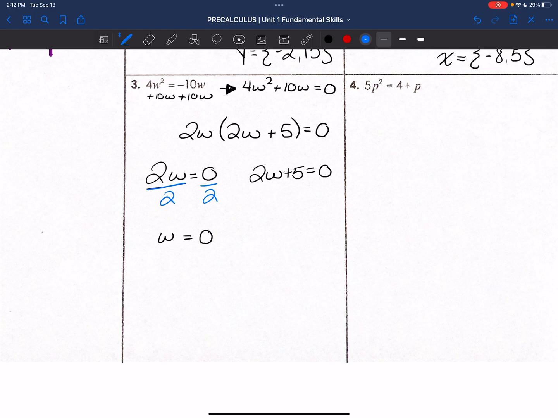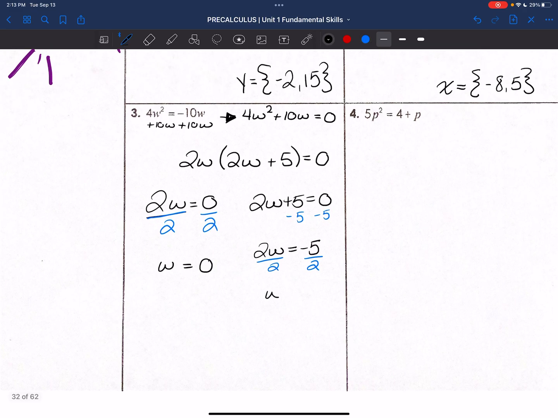With our second equation, we need to subtract 5 on each side, which gives us 2w equals -5. And then our final step, divide by 2. And we have that w equals -5 over 2. Our solution set is going to be w being -5 over 2 and 0.